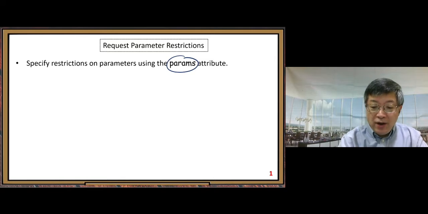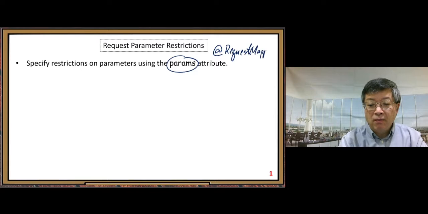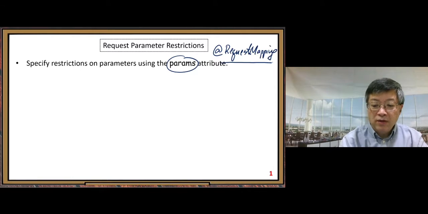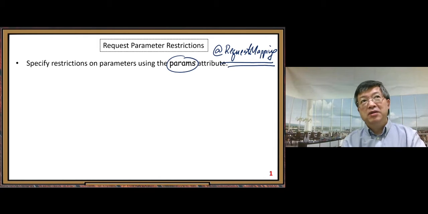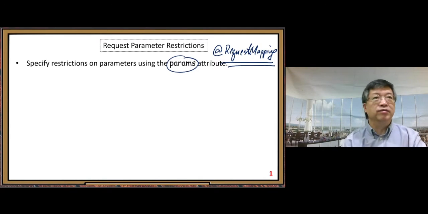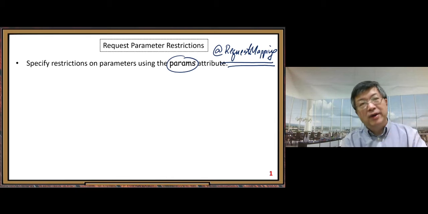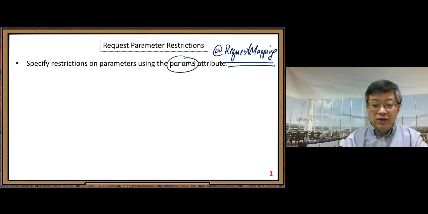Here, we still use the @RequestMapping annotation. We still use the same annotation. You can see this annotation is so powerful. It can do so many things. But later, we will learn another annotation related to this parameter thing.